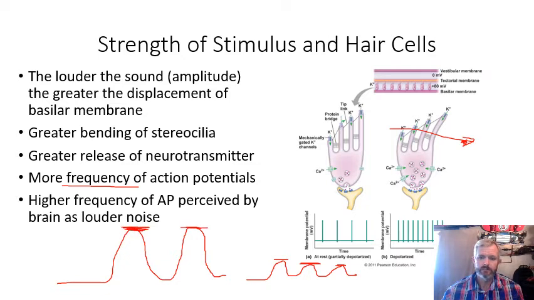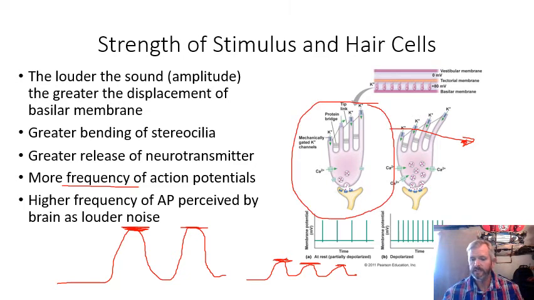But again, higher amplitude, more bending, more signaling, higher frequency of action potentials sent. Lower amplitude, lower bending, lower frequency of action potentials. And so that's how your brain, how frequent the signal is, is going to give you how loud, and where in the cochlea these cells are being stimulated.